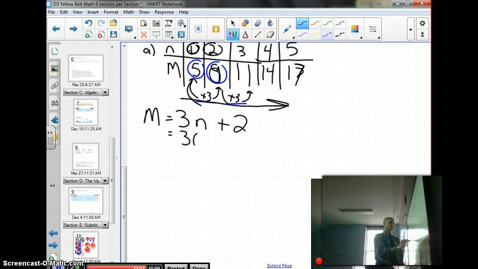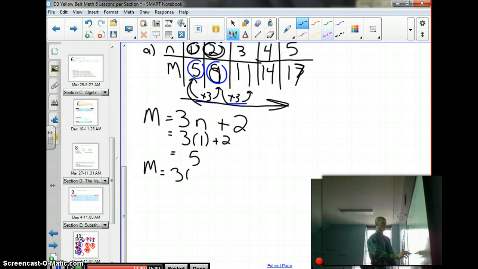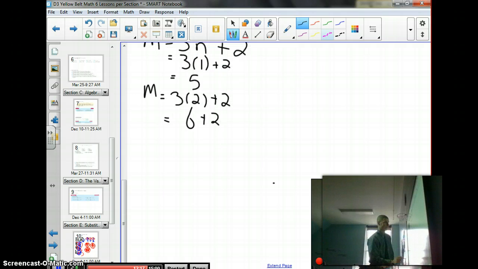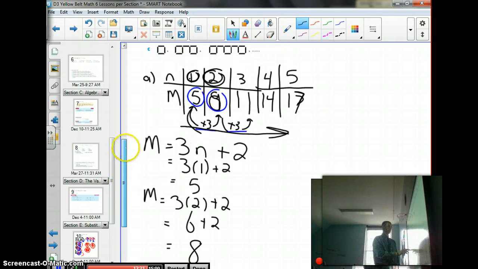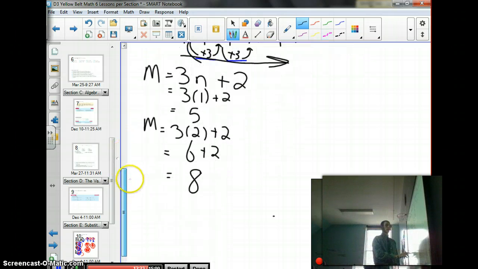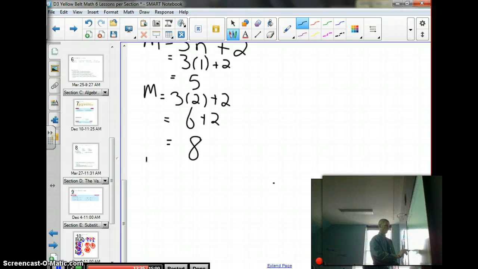So 3 times 1 plus 2 equals 5. Okay, let's look at our next one. For n equals 2, 3 times 2 plus 2. Oh, I like the way this looks. 6 plus 2 equals 8. Alright, look at the next one. M equals 3.